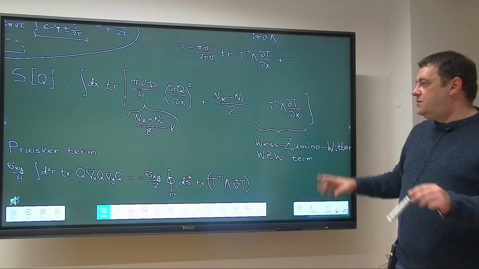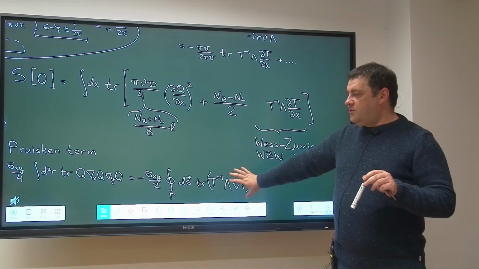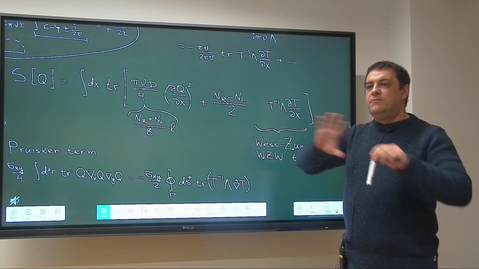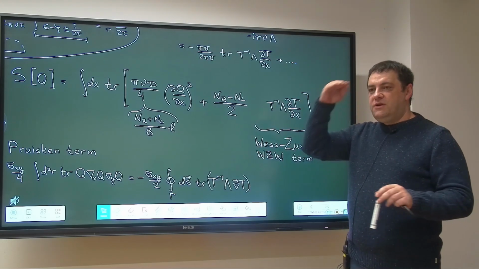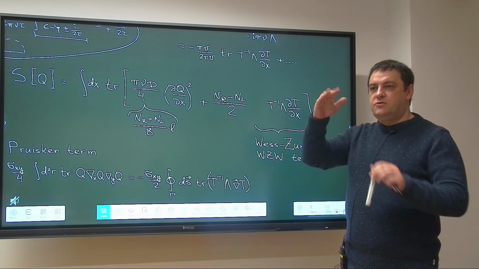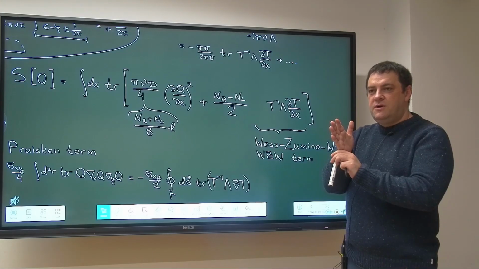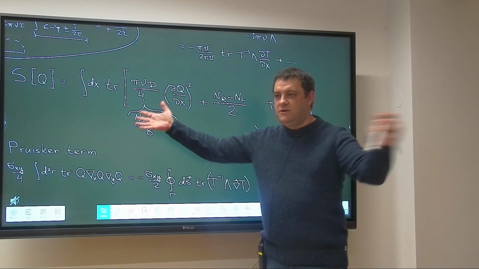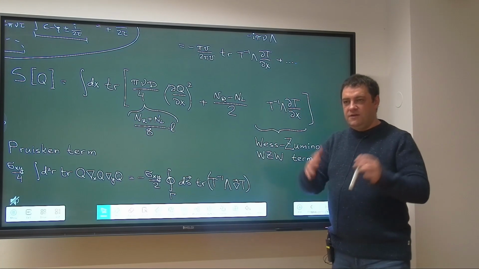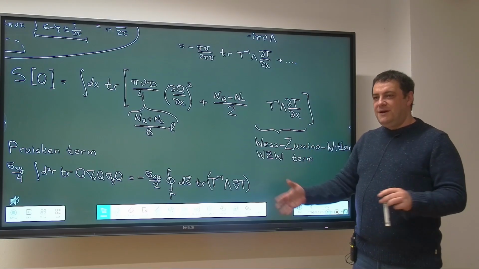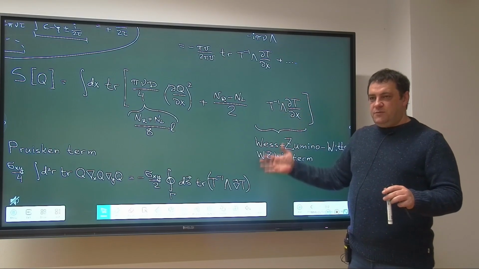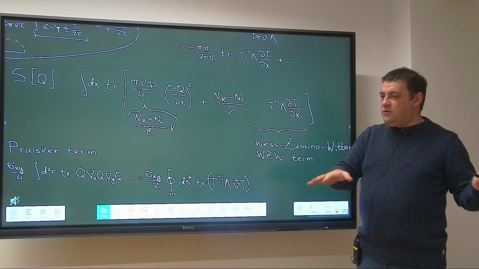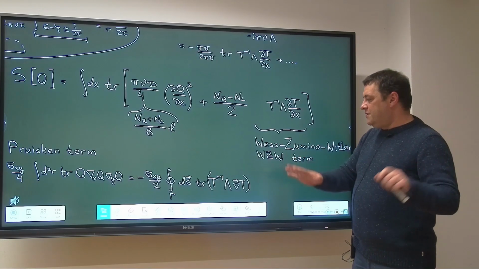So what we did, we derived the sigma model with the Pruskin term, not in a general case, but only on the quantum Hall plateau when sigma xy is integer. Pruskin did it for any value of sigma xy, even when it's not integer. That thing is very complicated. We just did the simple calculation when in the bulk everything is localized. There is no life happening there.